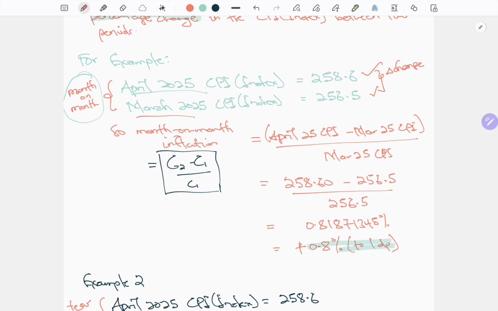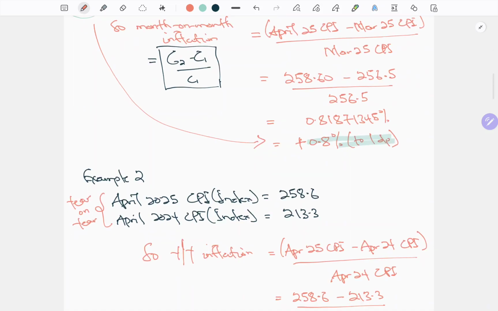It's not uncommon for you to have a fall. When that happens, it means that probably the April 2025 figure was less than the prior month, right? So on a month-on-month basis, we can say between March and April, prices rose by 0.8%.